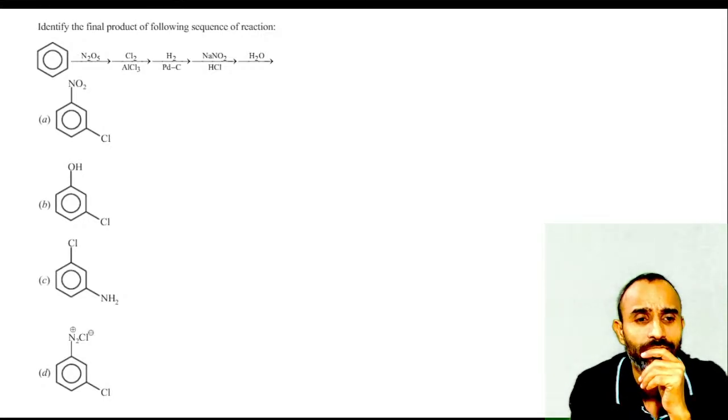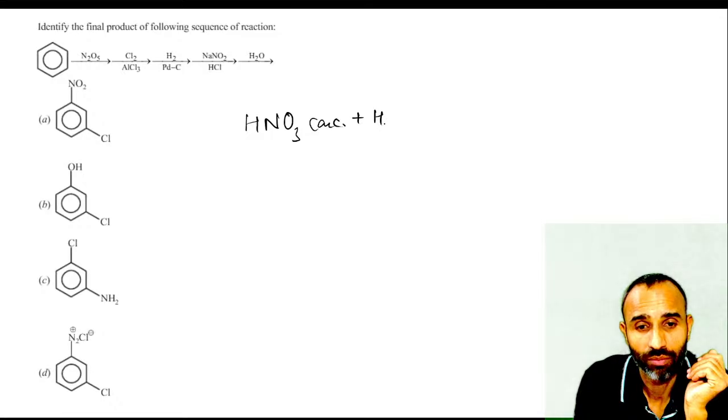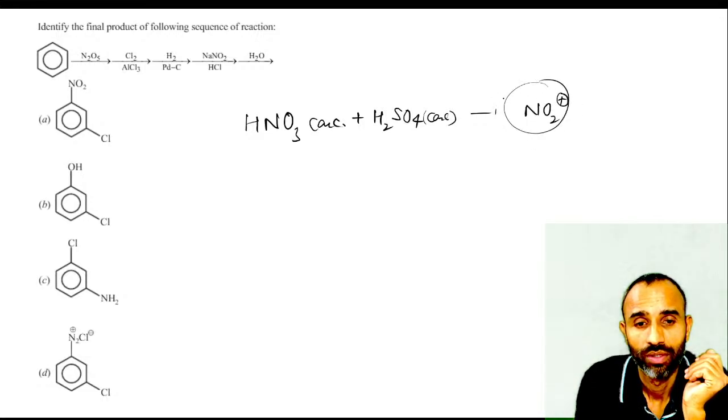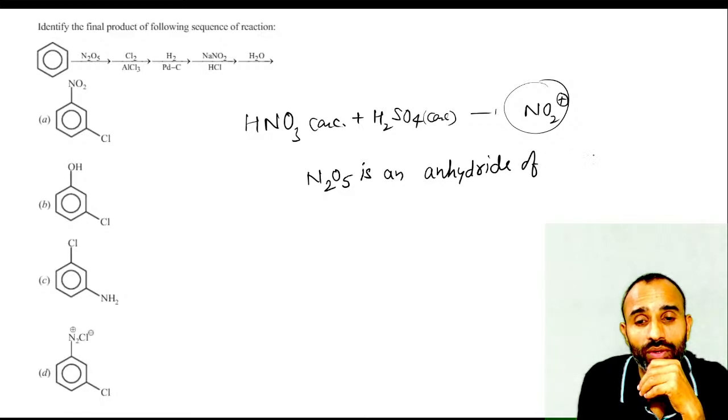I think the reason it is written is that with a nitrating mixture we get NO2 positive, but now we have N2O5, which is an anhydride of nitric acid.